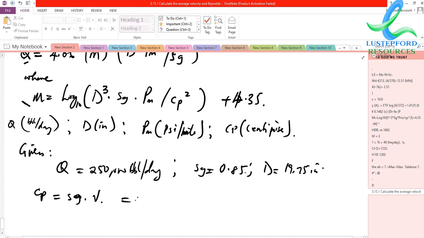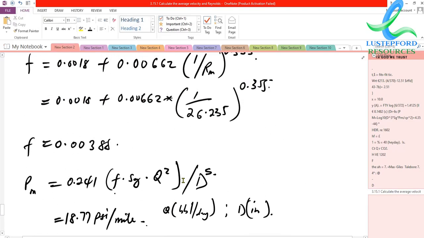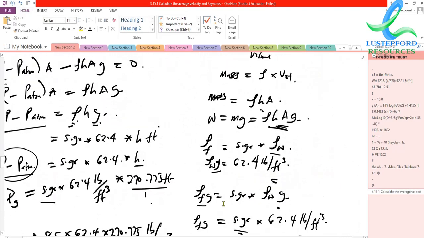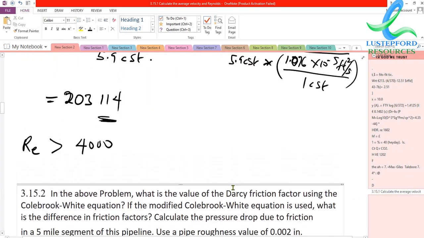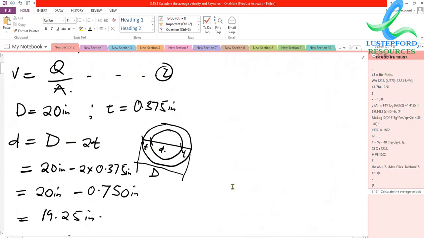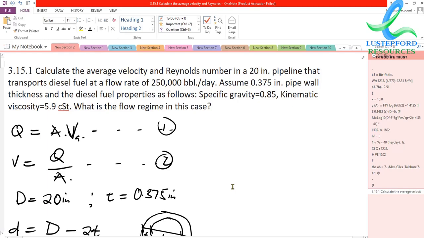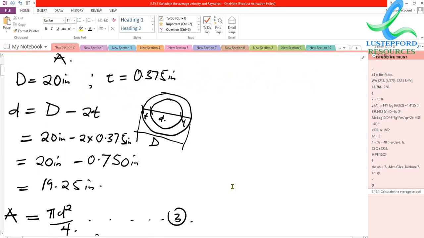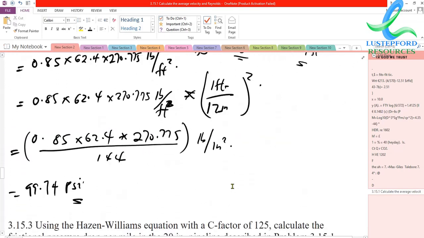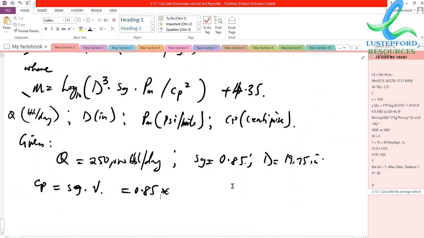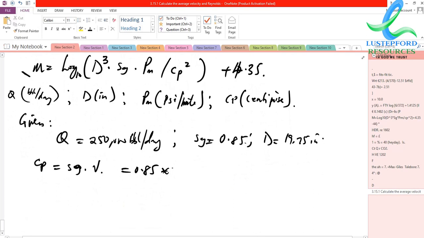So, which is 0.85 times the viscosity of 5.9 centistokes.